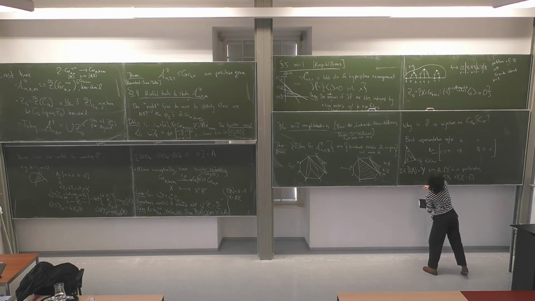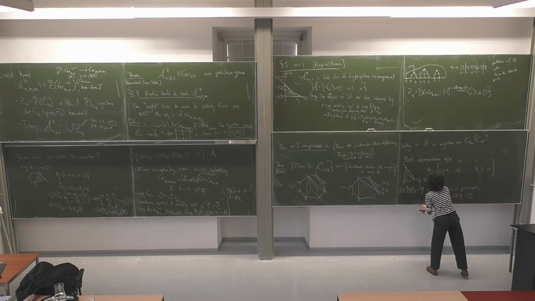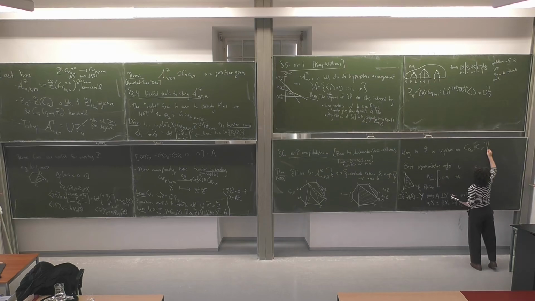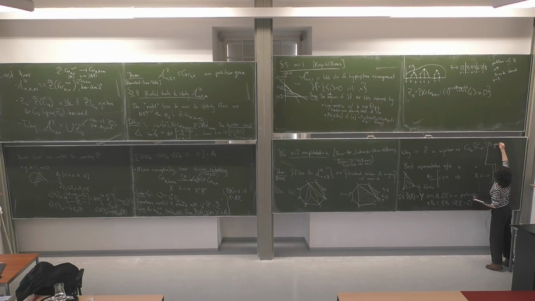I'll write it over here. If you just have 3 generic vectors in R squared, they satisfy a unique linear relation up to scaling.